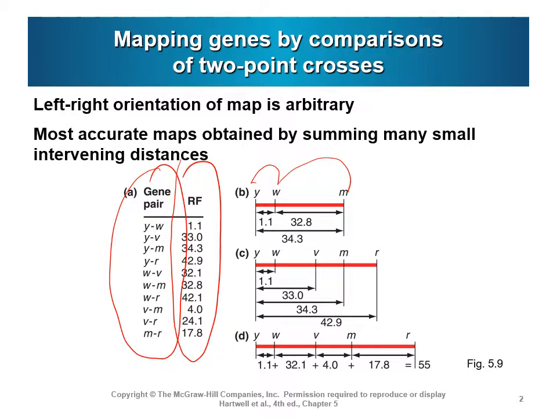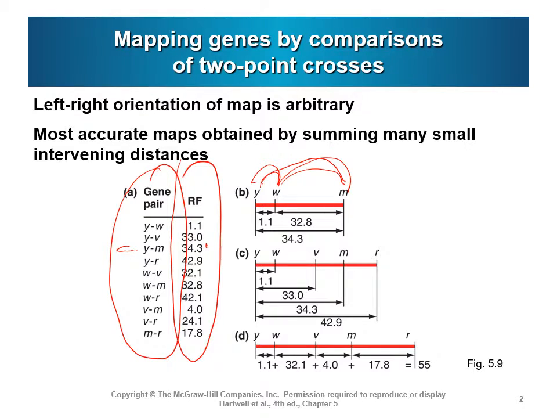When we look at the whole gene YM, we see that YM is 34.3. However, when we sum up YW and WM, the sum of these two is going to be 33.9, which is more accurate than the 34.3 data given.